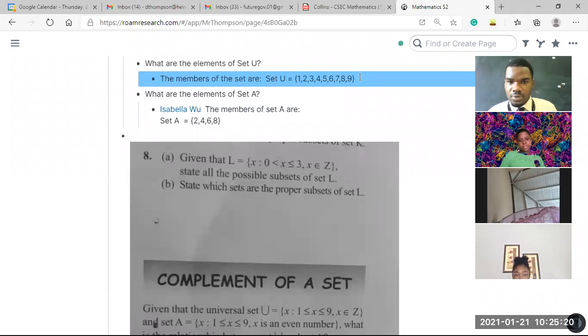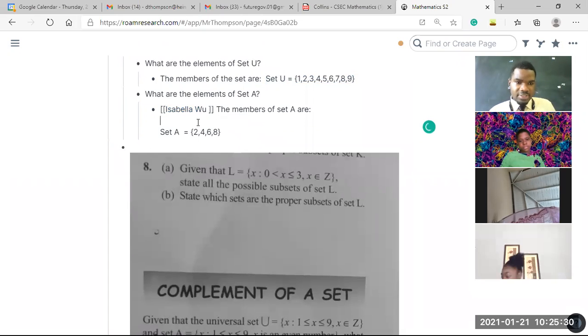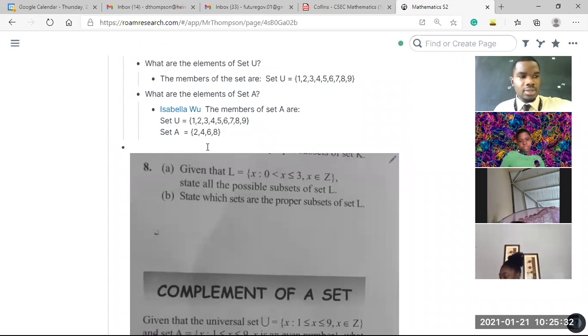Let me copy both sets and put them in one place. So we have set A right here, and set U right there. Here's what we're going to do now. The next step, to find all the members that are not, one second.